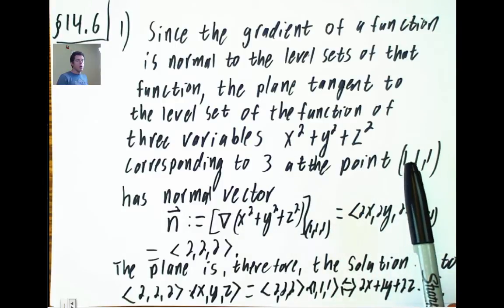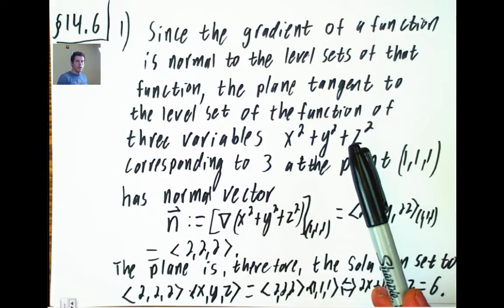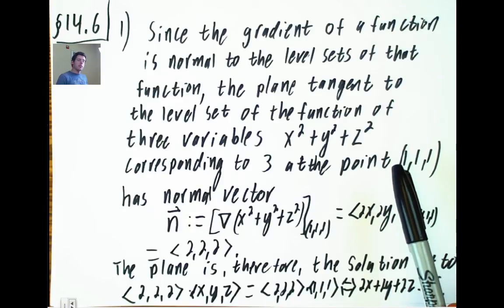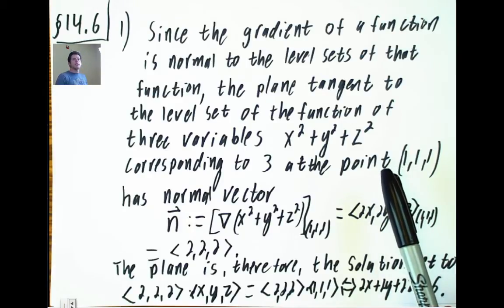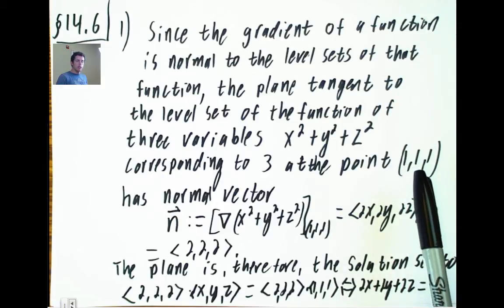So there are lots of points in that level set besides 1, 1, 1. For instance, square root of 3, 0, 0, that would give 3. So square root of 3, 0, 0 is another point in that level set, but I am only interested in 1 point, 1, 1, 1, because that is what the textbook is looking for.